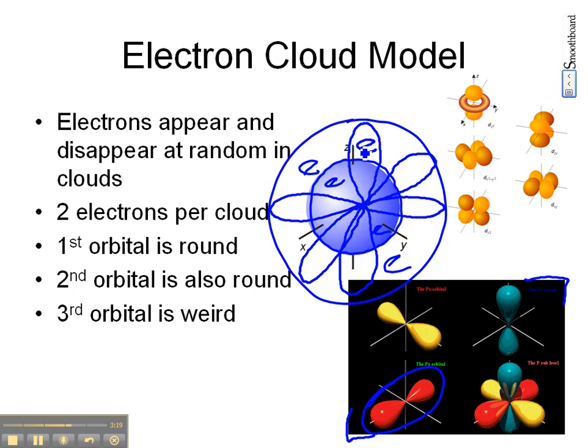Now the next electron, remember, electrons don't like each other, so I could stick the next electron right here and that'd be okay. The only area where I couldn't put the next electron is right there, because it already has one electron in that cloud. Now it would rather not be in the same cloud. It will if it has to, it will if you have to pack it in, but it would rather not be in there.